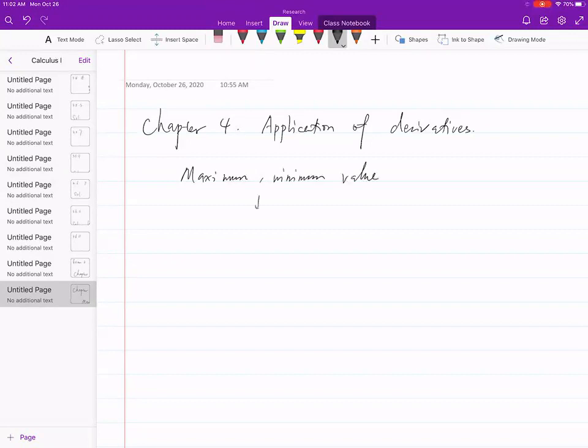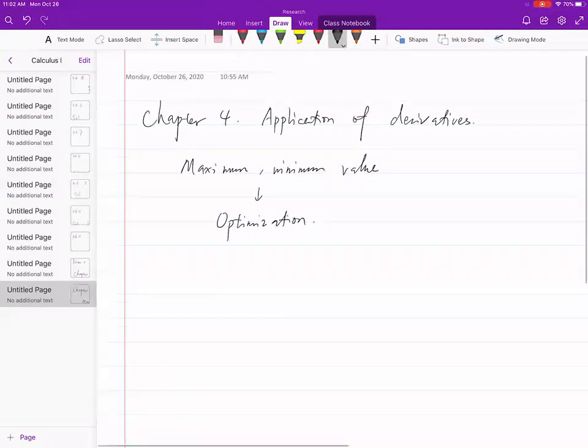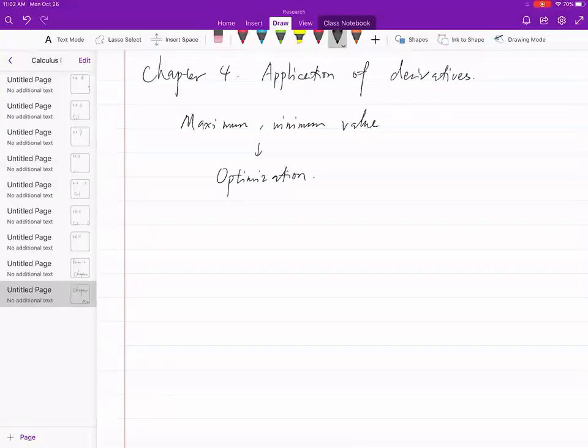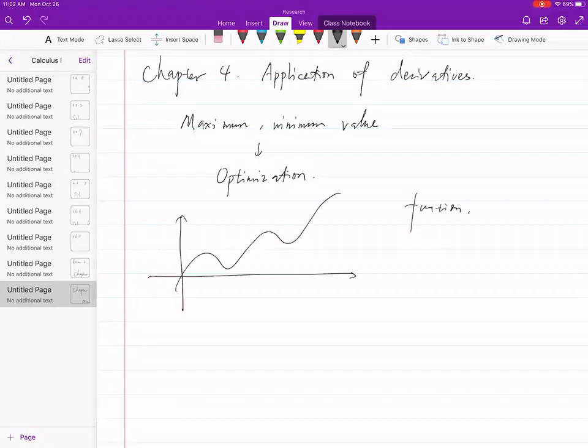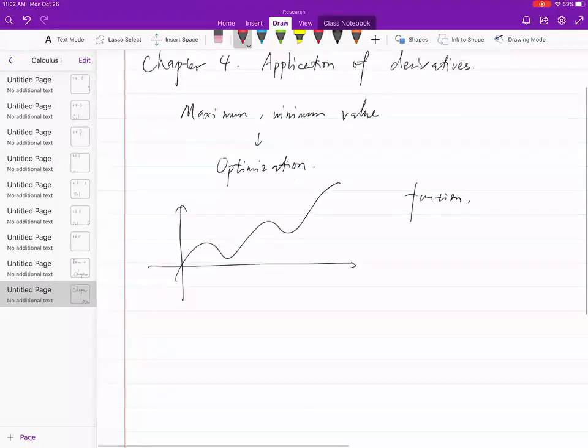It's closely related to something called optimization, which will be the last application we do. What do you mean by that? It's pretty easy to understand. If you have a function f(x), assuming it's continuous, assuming we can find the information about all the derivatives, you certainly have the maximums and the minimums.